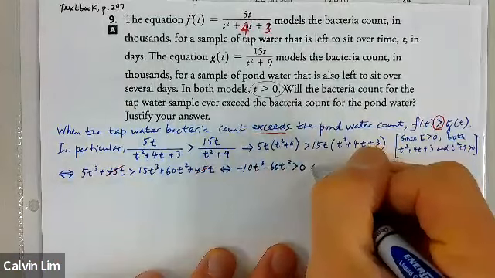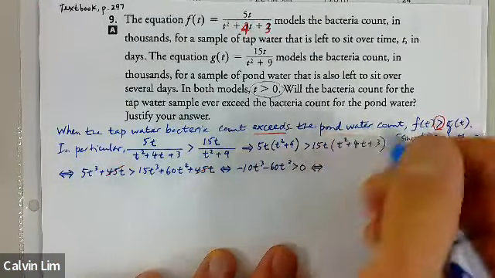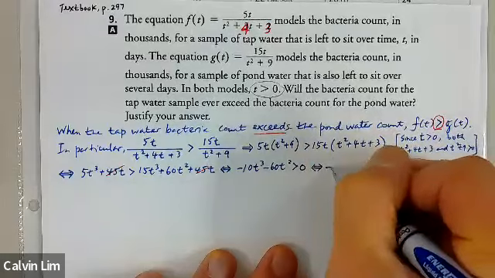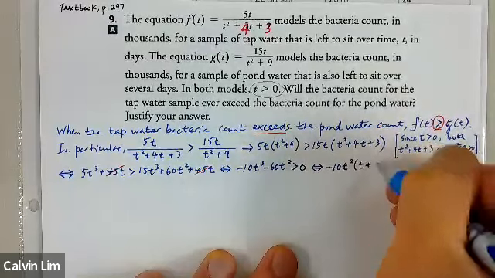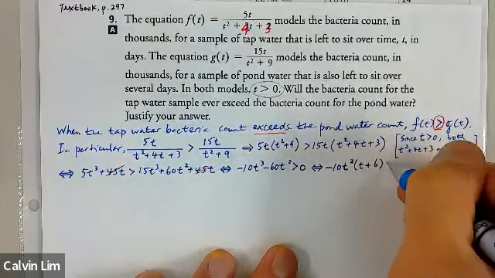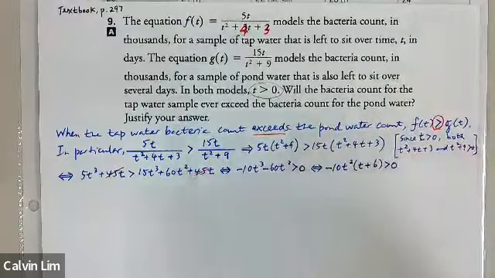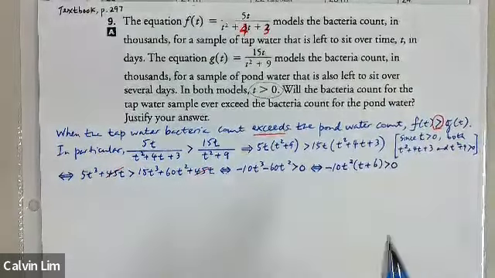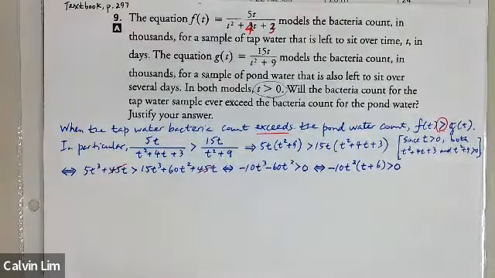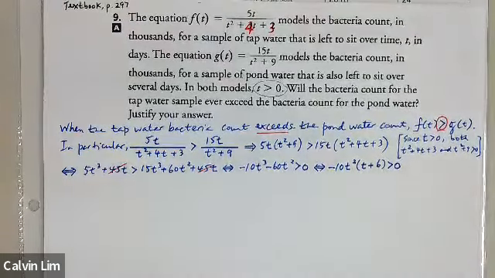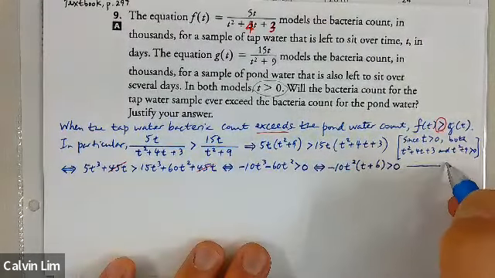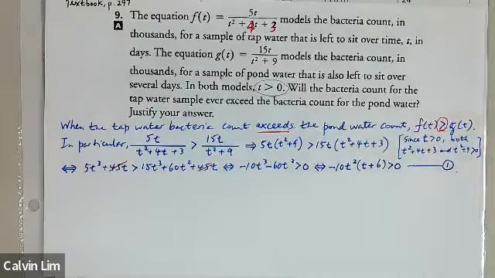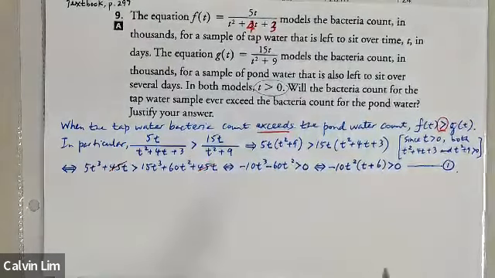I can write this in factored form: negative 10t squared times t plus 6 is greater than 0. I'm going to call this inequality 1, just a labeling.